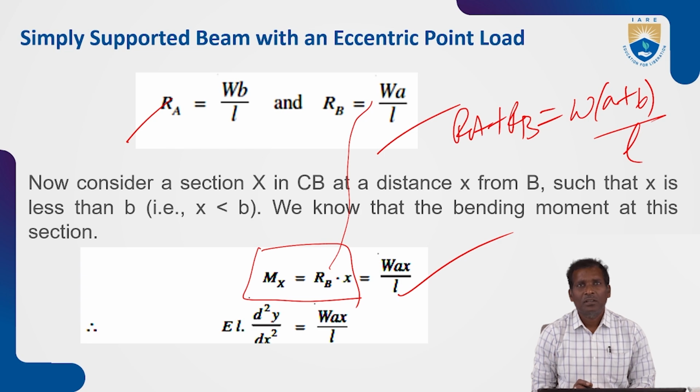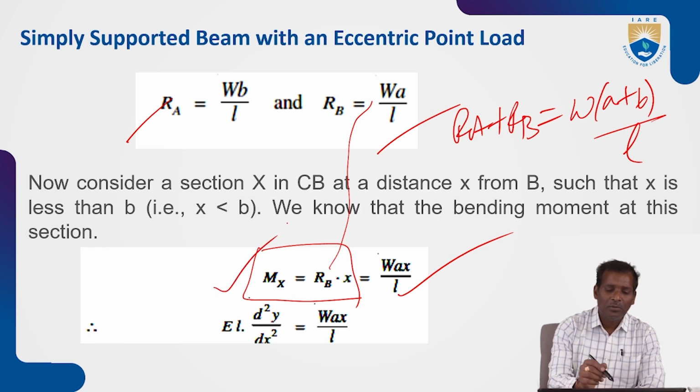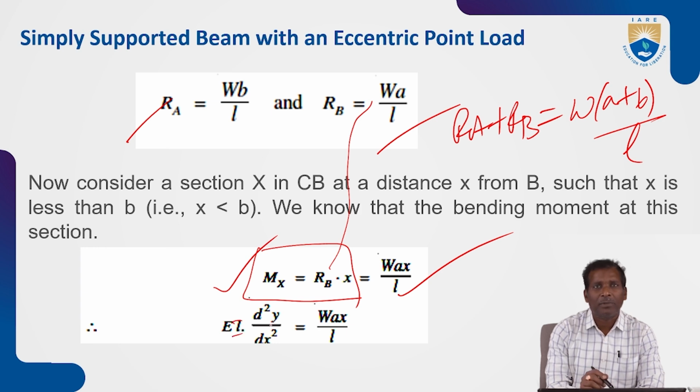So now you have the bending moment at the section. Already you know the bending moment at a section is EI into d square y by dx square.